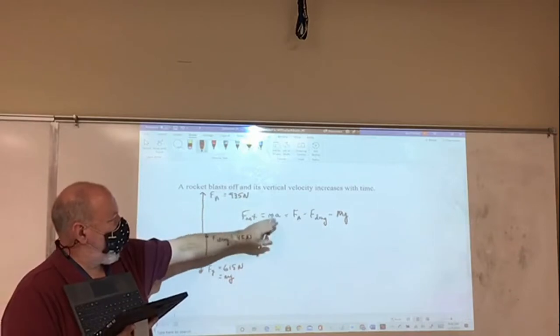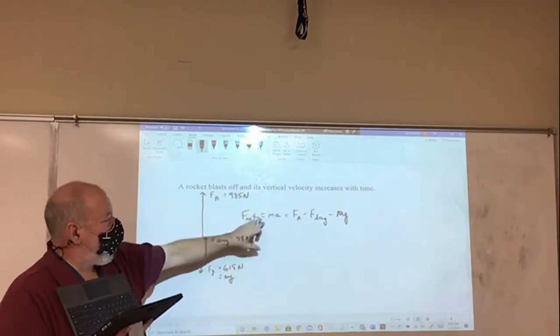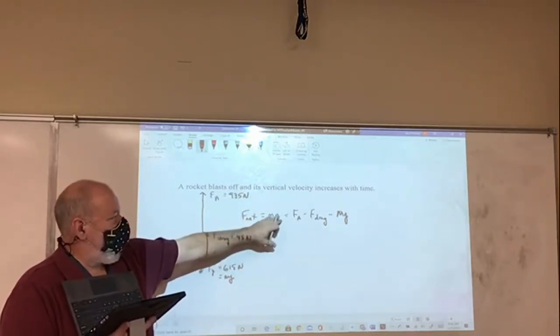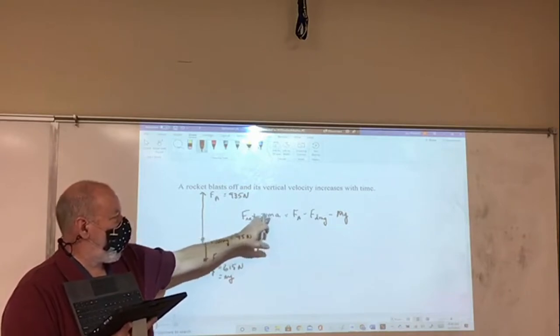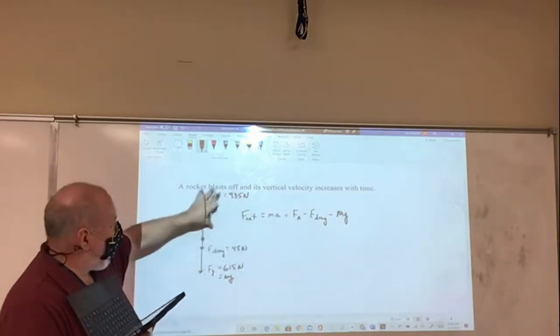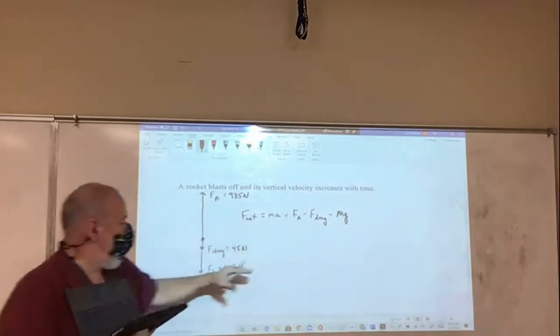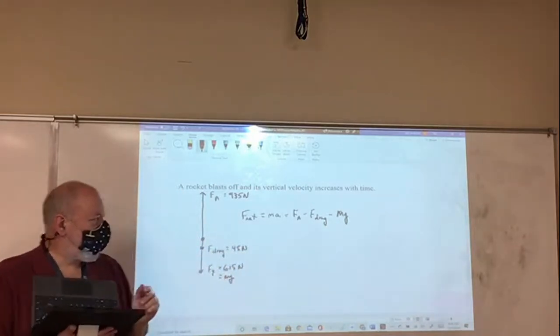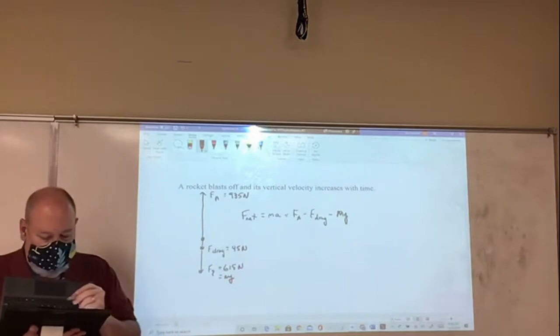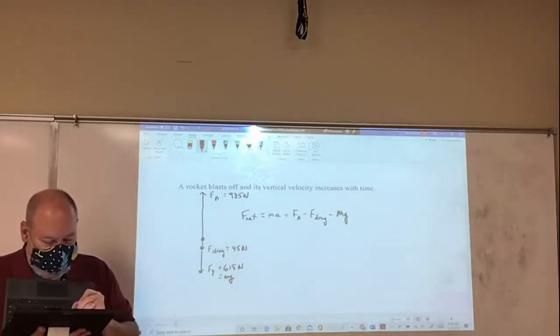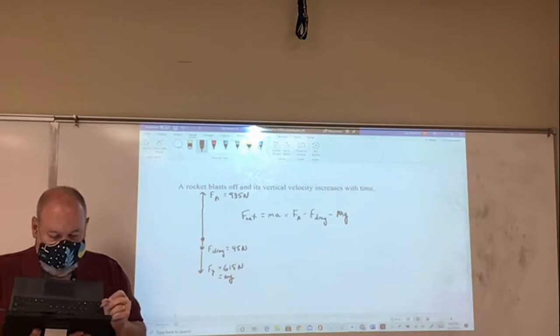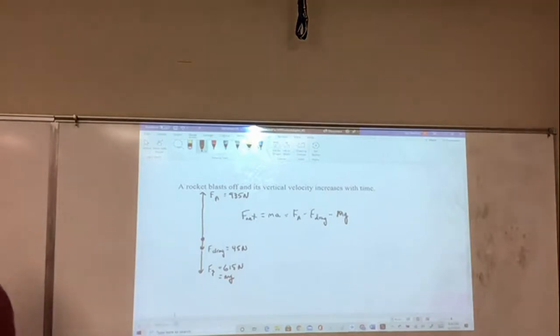The net force equals mass times acceleration. It always equals mass times acceleration. And if there is no acceleration, then it's 0, right? And then this force minus this force minus this force. Okay? Now, what is it that I've been asked to find?